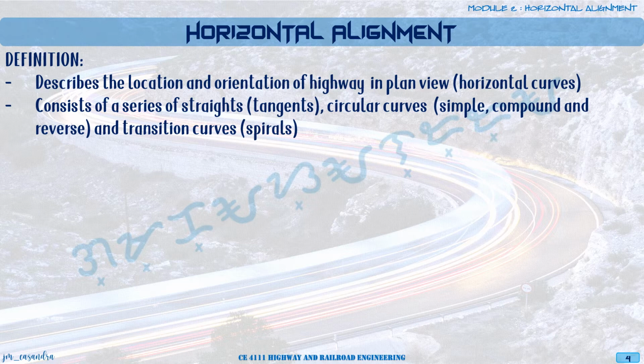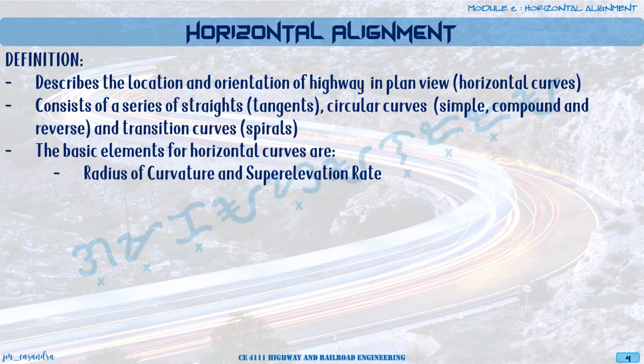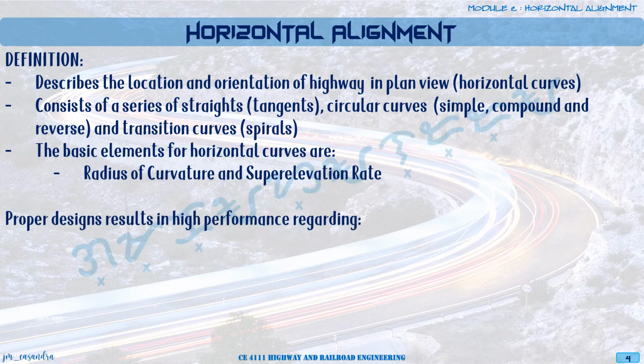So also, we could add in our horizontal alignment what we call the back tangents. So the basic elements for horizontal curves now would be defined by the radius of curvature and the super elevation rate, as we have discussed in the geometric design or geometric requirements of road design.